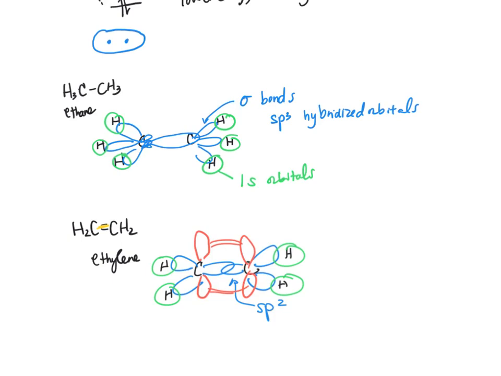Because the sp2 orbitals are shorter than sp3 hybridized orbitals, this CC bond is shorter than a CC single bond.